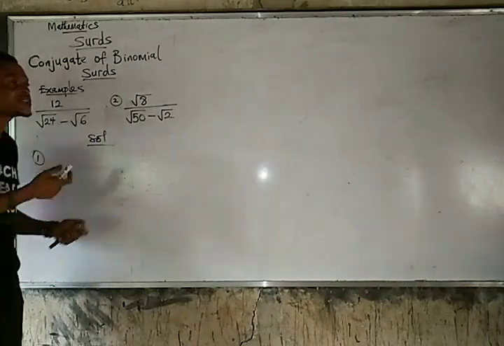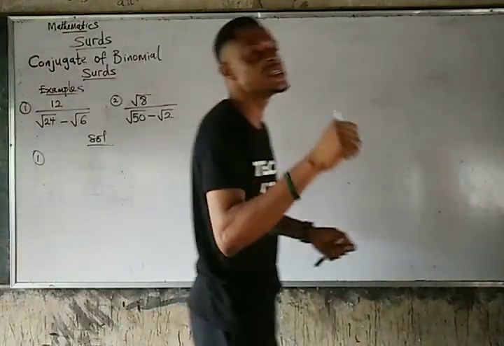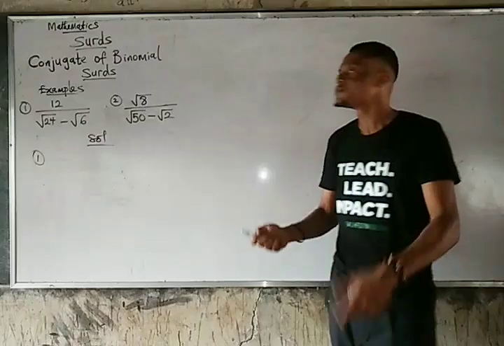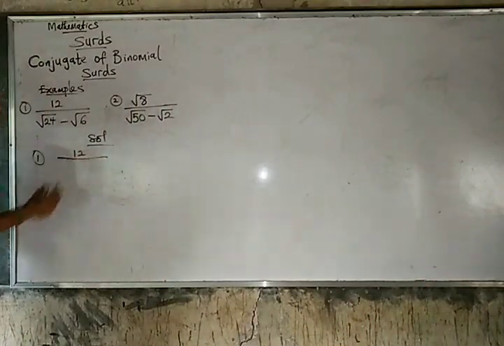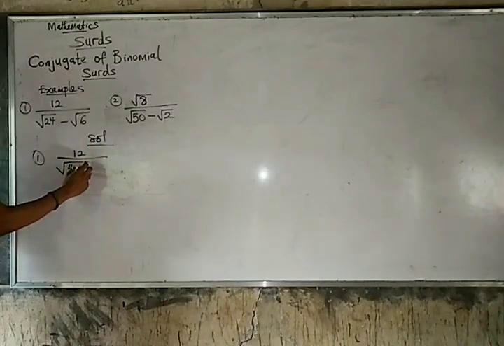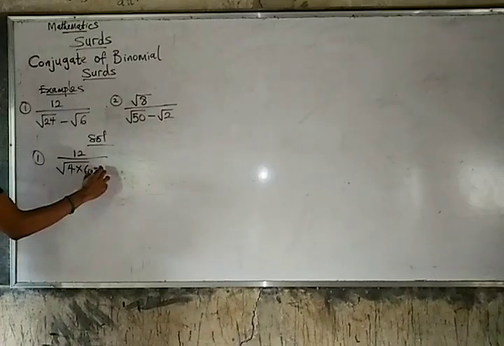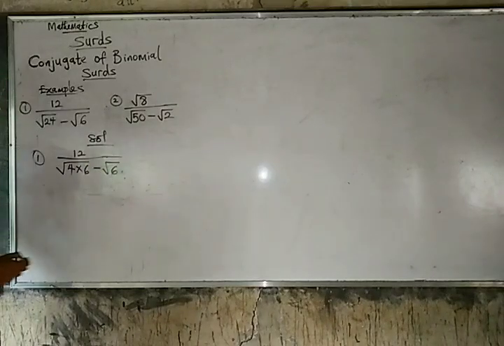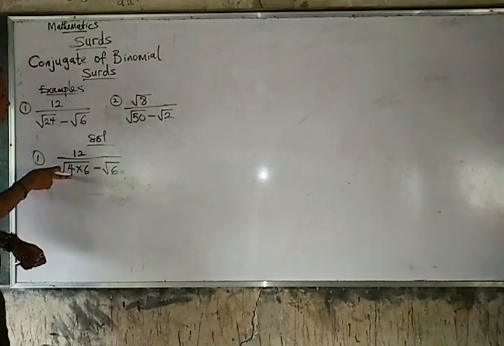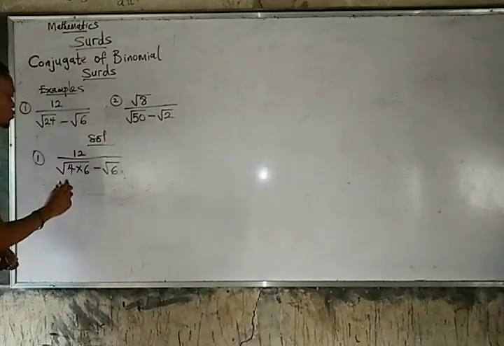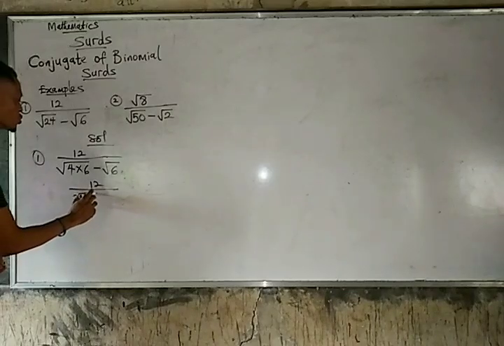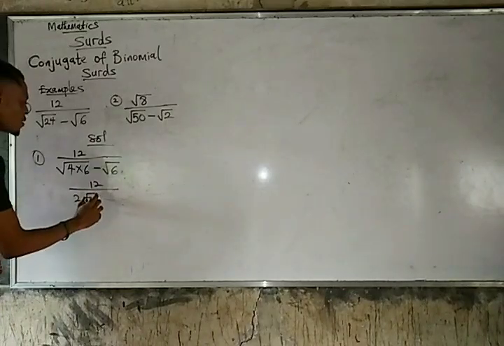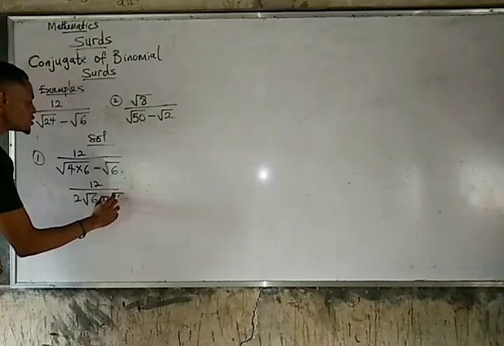If I want to simplify it first, I'm going to say 6 multiplied by 4. I would prefer to simplify it first. Then I'll be having 12 all over 4 multiplied by 6 minus root 6. The root of 4 is going to be 2. So I'll be having 12 all over 2 root 6 minus root 6.